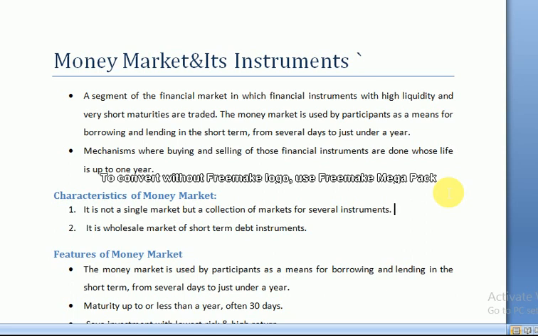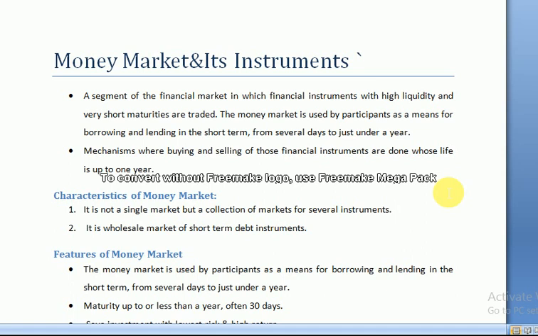When these securities are traded in a financial market, that market is called the money market. Money markets provide liquidity for the global financial system, including for the capital markets.